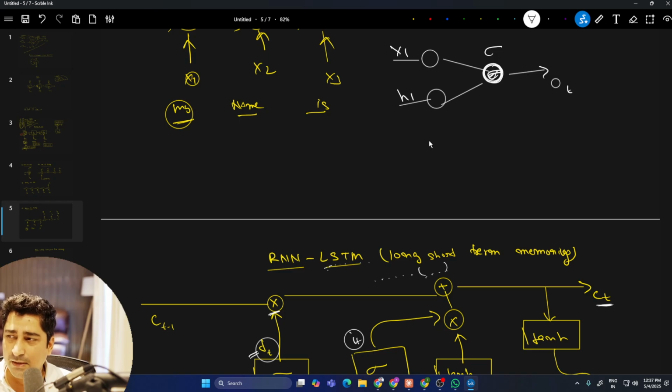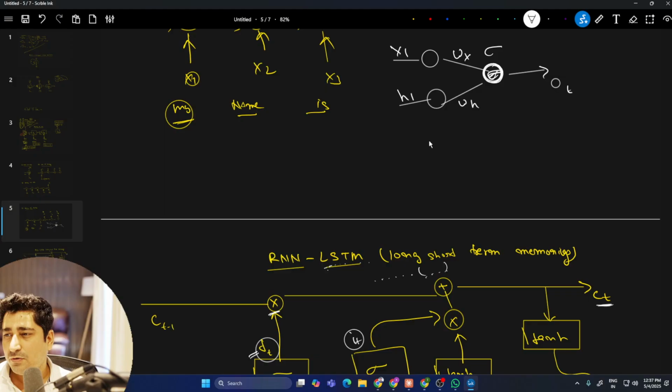So what will be the output, by the way? If I ask you to write the output, how will you write the equation for the output? x1, h1, and obviously let's suppose we have a weight for x and a weight for h.